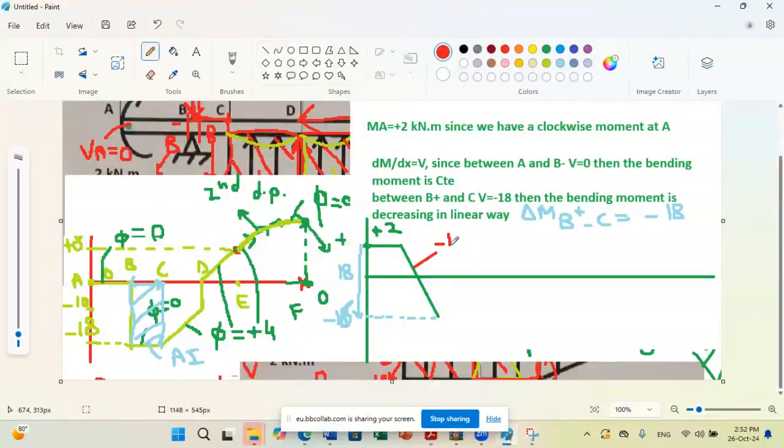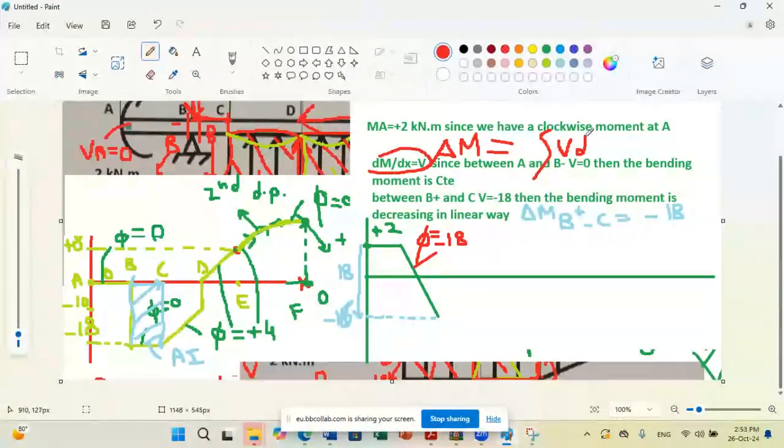Student: Doctor, I didn't understand much what we did with the area between B and C in the shear. Okay. You have that dM by dx is V. So delta M, the variation in moment between 2 points, is the integral of V dx. What is the integral of V dx graphically?